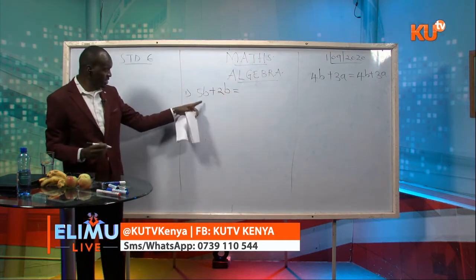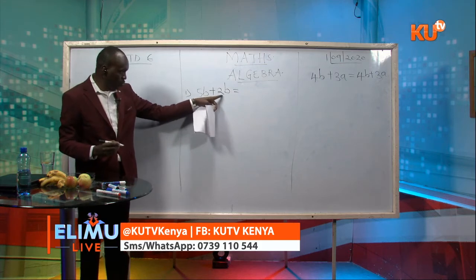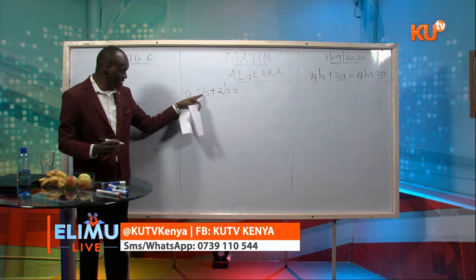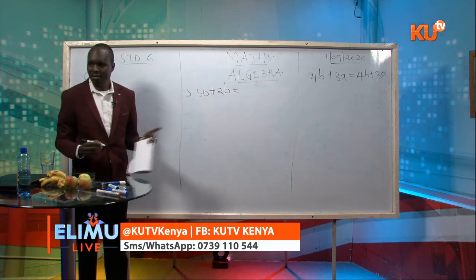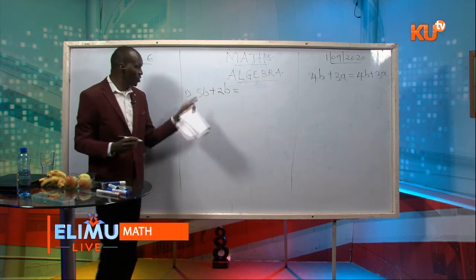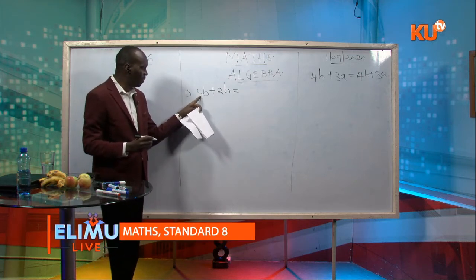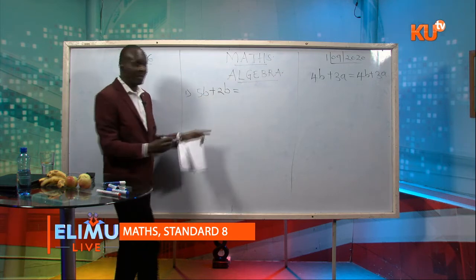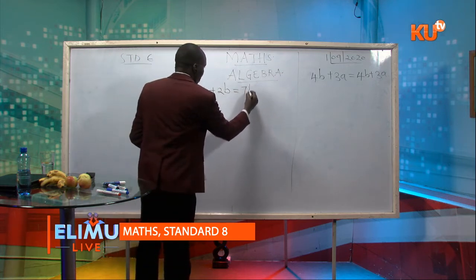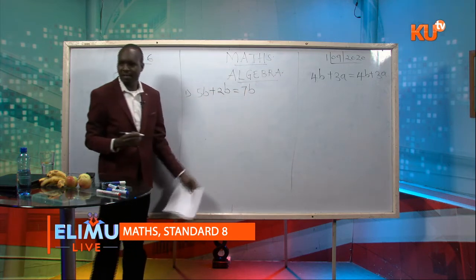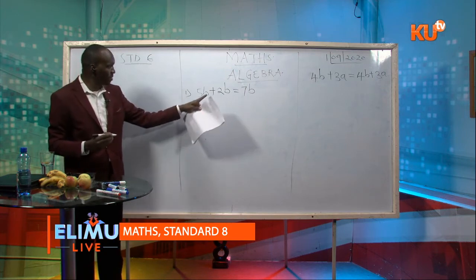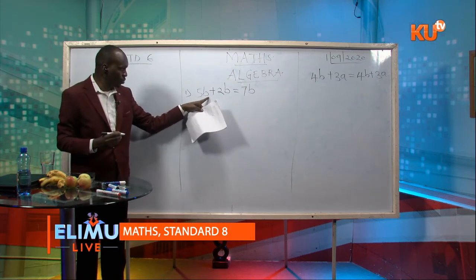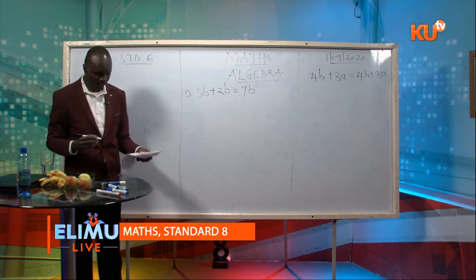Remember, this is 5b plus 2b. So these are two like terms. The terms are the same. So we shall have 5b plus 2b, we get 7b as our answer. Our answer becomes 7b because the two are like terms.